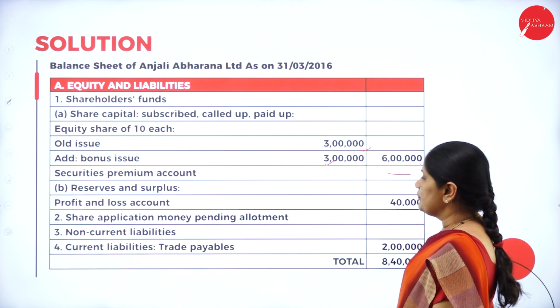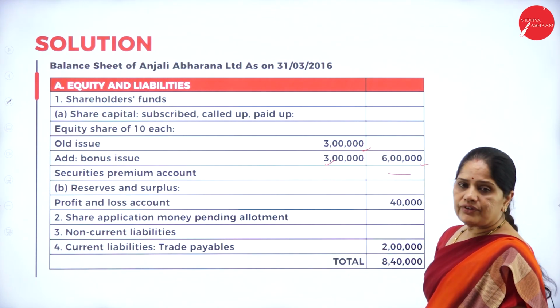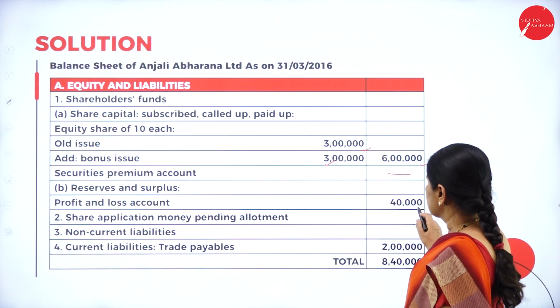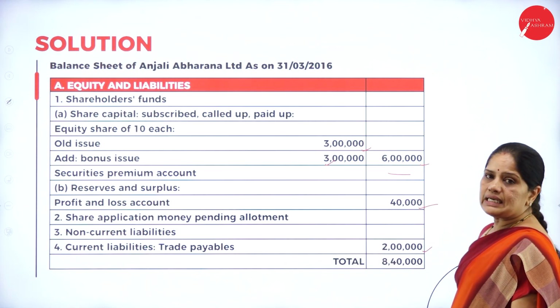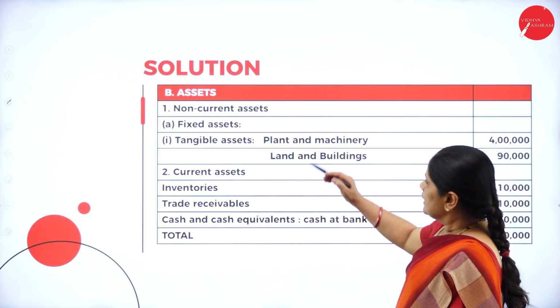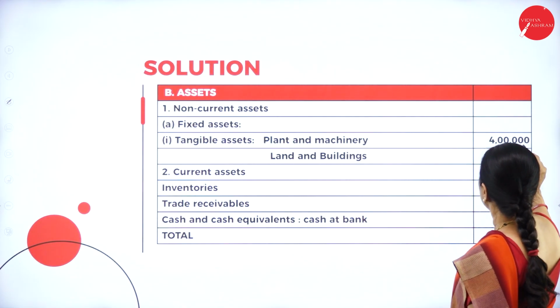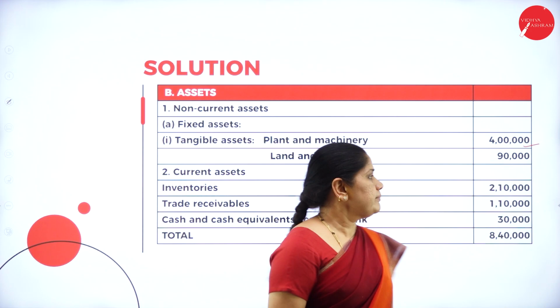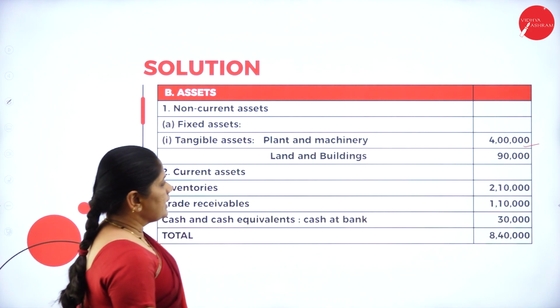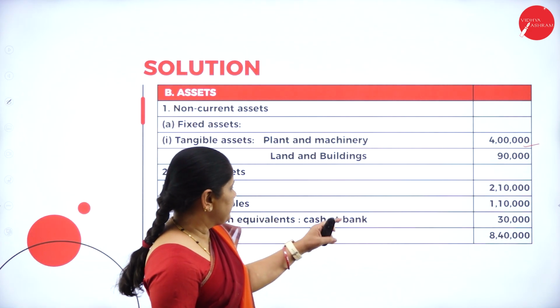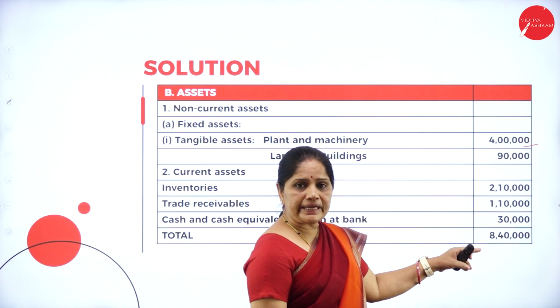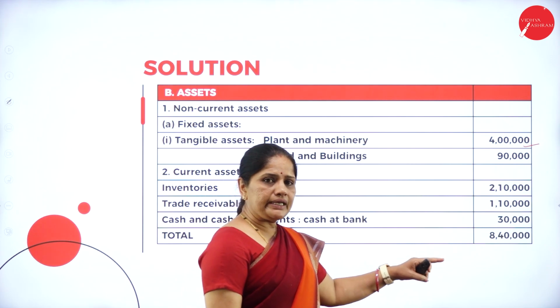Then in the profit and loss account, we are left with 40,000. I will explain in the note. Then trade payables 2 lakhs, total is 8 lakh 40,000. On the asset side, we have plant and machinery 4 lakhs, land and building 90,000, inventories 2 lakh 10,000, trade receivables 1 lakh 10,000, cash at bank 30,000. I will explain in the working note.